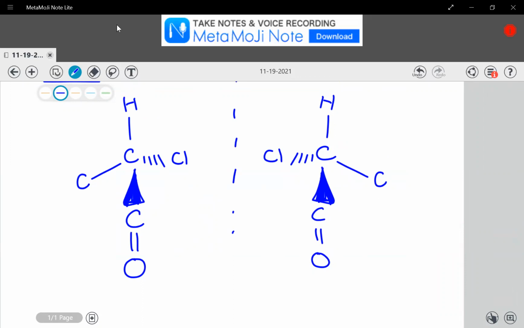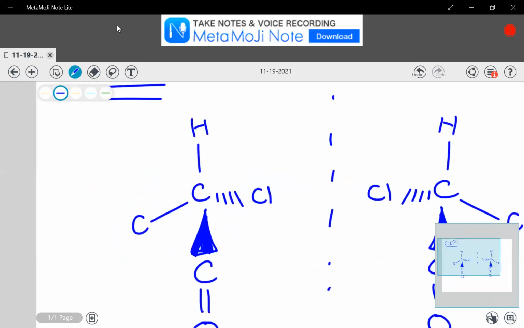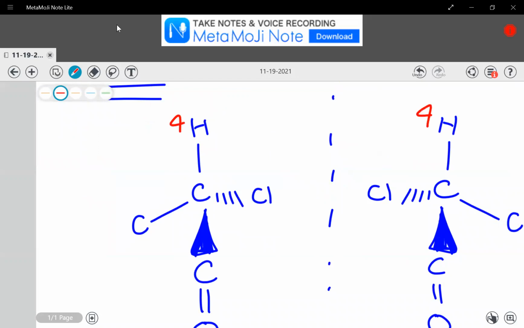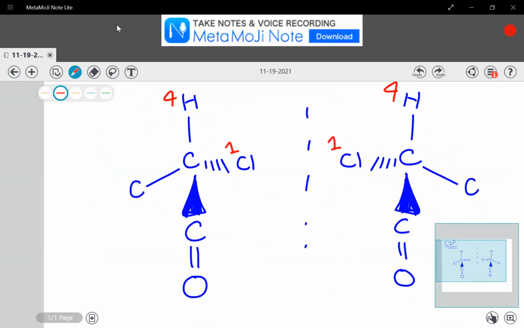So basically what's going on is that we're going to number a ring. Hydrogen is 4, it's the last one. Chlorine is 1, the first one. Now we've got 2 carbons. So what do we do?